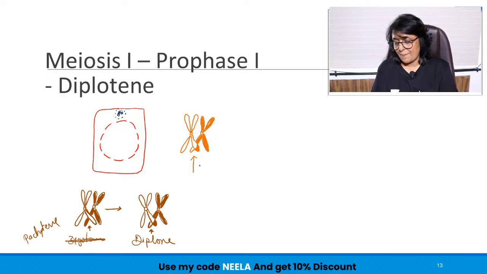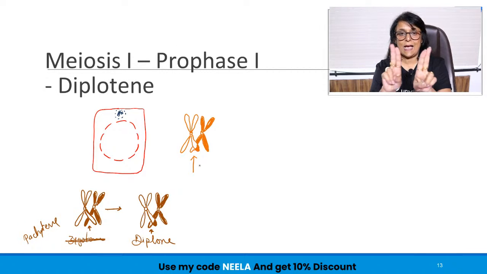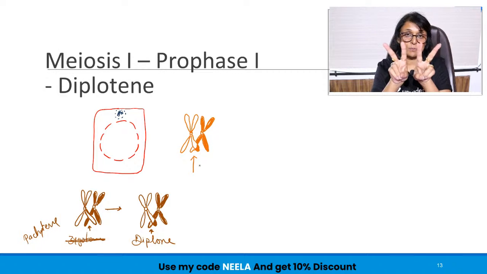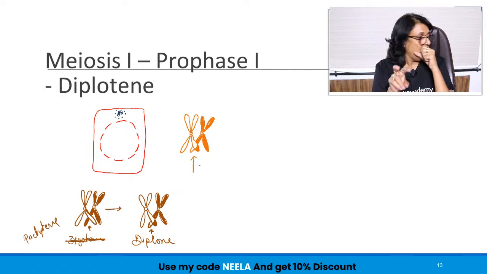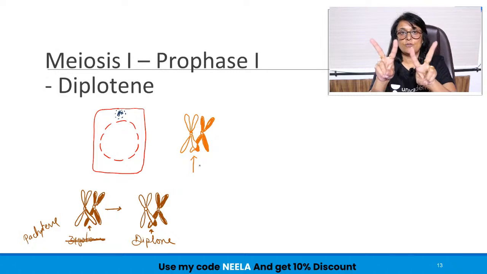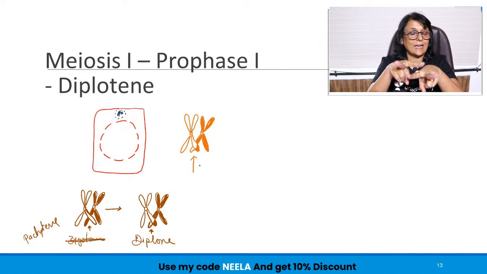So now, if we have to recap, in Zygotene pairing took place, non-sister chromatids, sister chromatids are visible. Now in Pachytene, you start seeing this cross-like structure, but the fusion has not taken place.